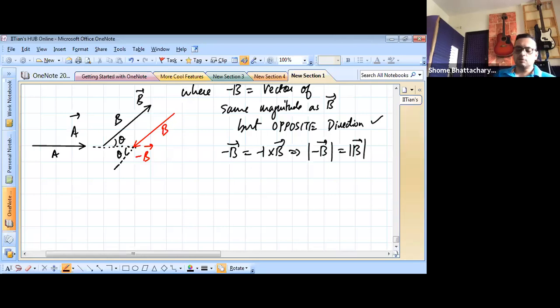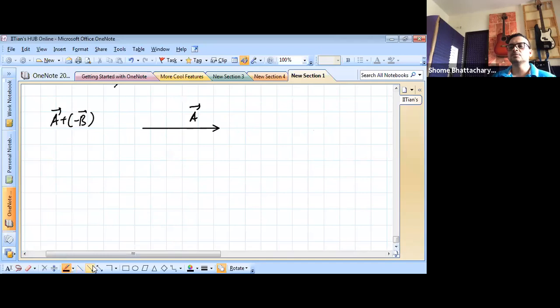Okay. So now I want to do the vector sum of A and minus B. So I have to do A plus minus B. So I'll take this vector and draw it first, and then to that vector I'll add which one? I will add not the first one but the second one, which is the vector minus B. So I'll pick up that vector minus B and place it over here.